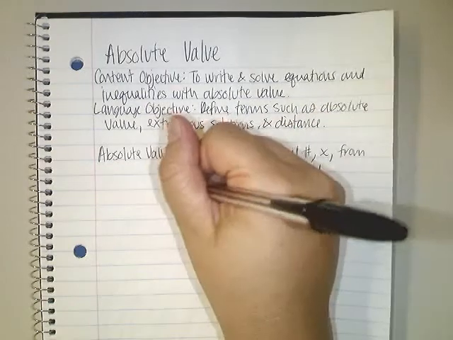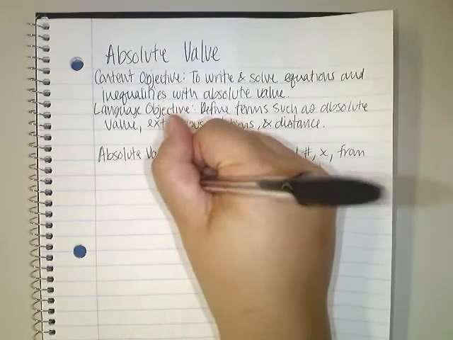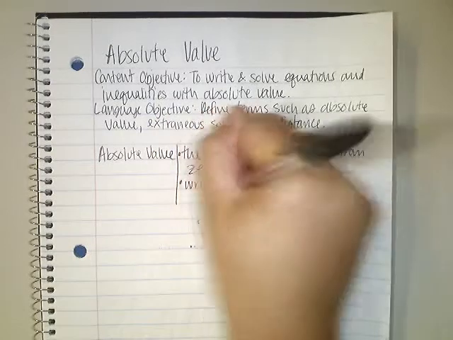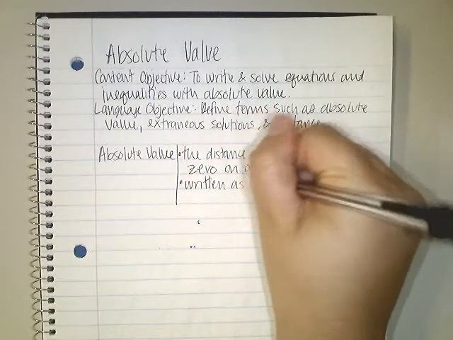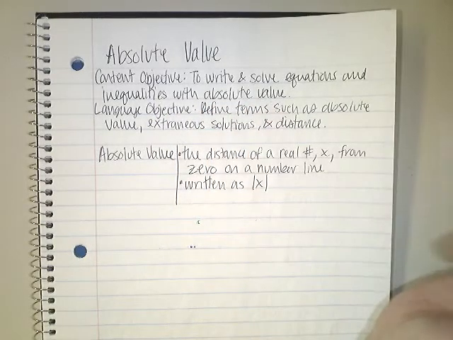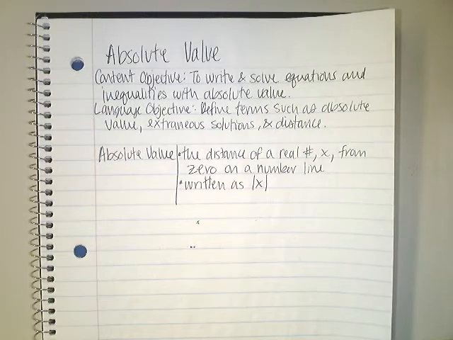And it is written as, so I'm going to put bullets here, written as |x|, or absolute value of x.